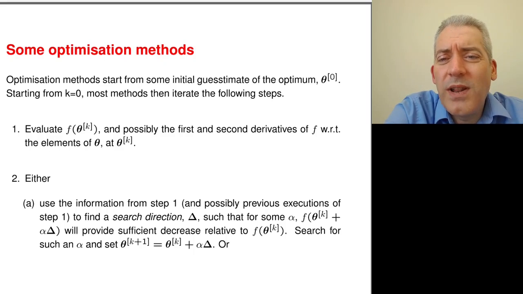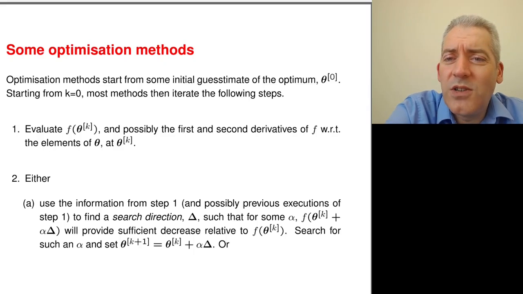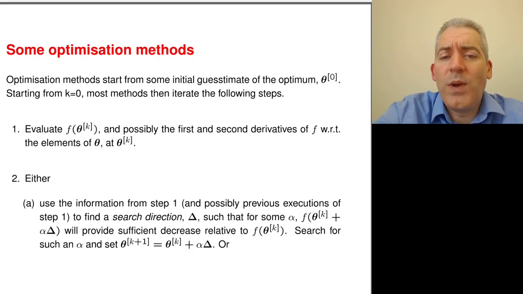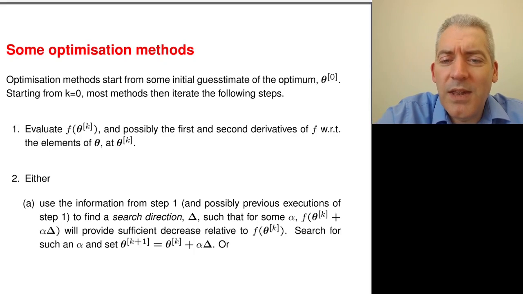Now, the thing we're not really going to talk about very much in the context of this course are very smart ways to choose how far to move in that direction, right? So you can imagine that could be quite important, but we're not going to spend a huge amount of time thinking about it. But once you've picked a direction, you then have to decide how far to move in that direction.